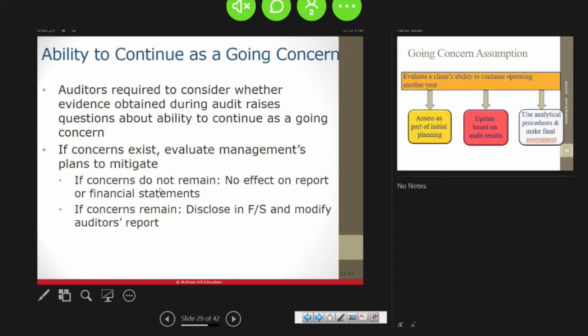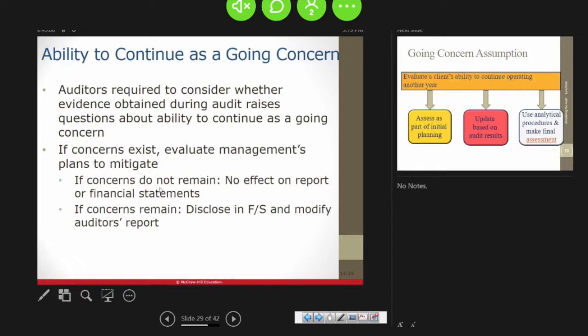So if there's evidence that the auditor is made aware of as they're going through the audit process that would indicate that they've mitigated, and it doesn't have to be for 4 years, 5 years, 10 years, it's that 1 year. So the auditor is going to look at, is there an issue January 1st, 2019 to December 31st, 2019, where there's concerns that for that 1 year period, they're not going to be able to continue. There's a substantial doubt about their ability to continue as a going concern.